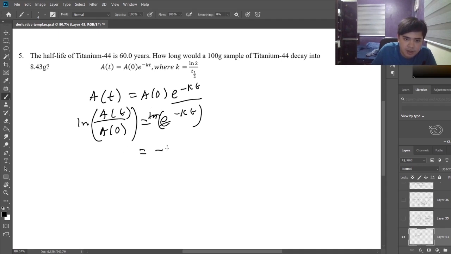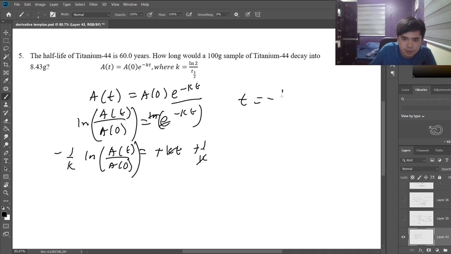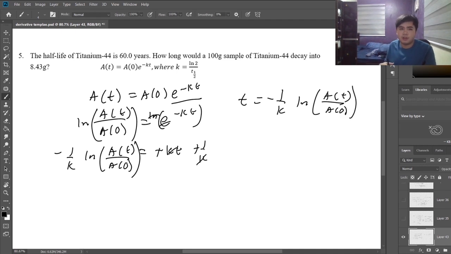So we are left with negative kt equals ln of A of t over A of 0. Good. So in order to isolate t, we multiply both sides by negative 1 over k, so we can cancel that one and we can cancel that one. So we are left with negative 1 over k times the natural logarithm of A of t over A of 0, which is what we're going to use today.